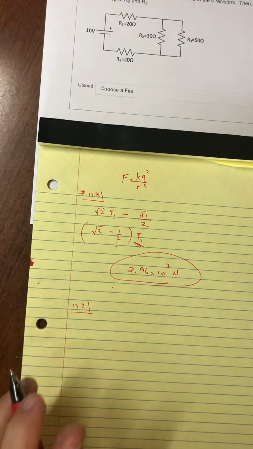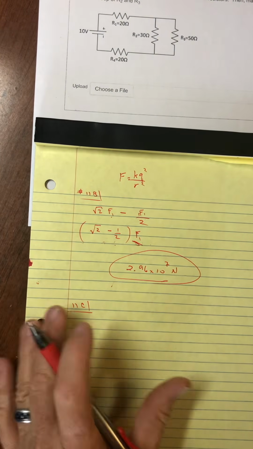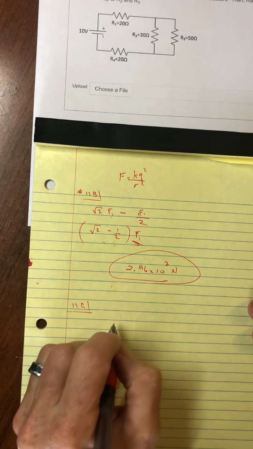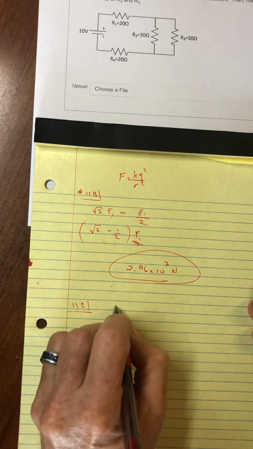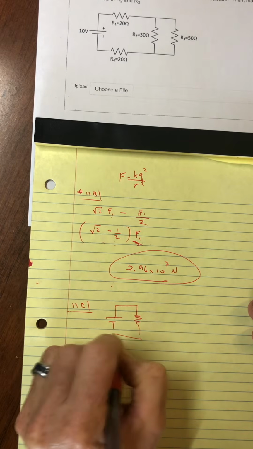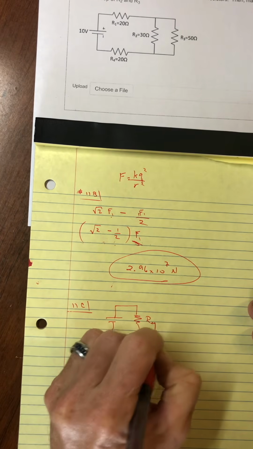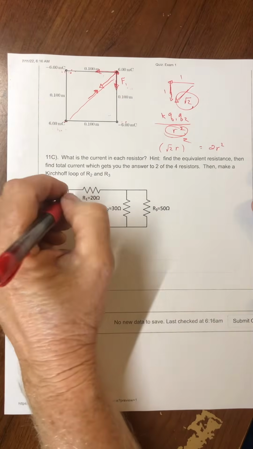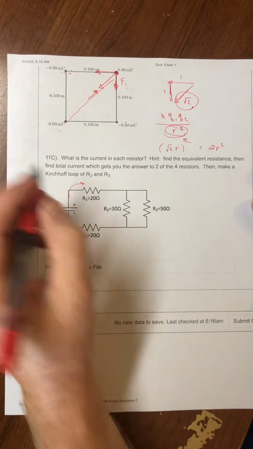All right, so finally, the last one here on the test, last one of the free response, it says, what is the current in each resistor? Kind of gives you a little help here and says, why don't you figure out what the equivalent is? And so coming to the picture, hopefully you kind of see that it would all come out here.